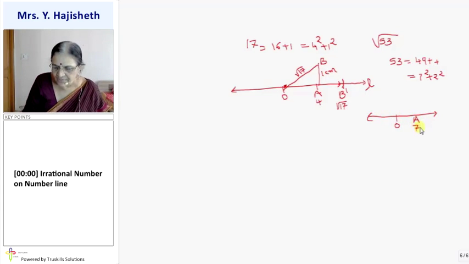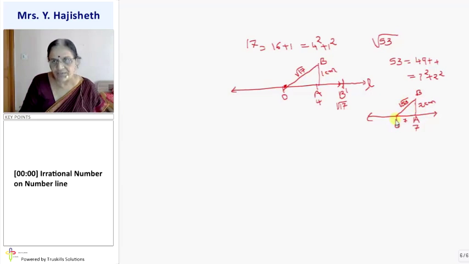Then you draw a perpendicular of length 2 centimeter. This is suppose B. Then OB will be root 53. So take O as a center and OB as a radius, draw an arc. It intersects my number line at suppose B dash. Then my B dash represents number root 53.